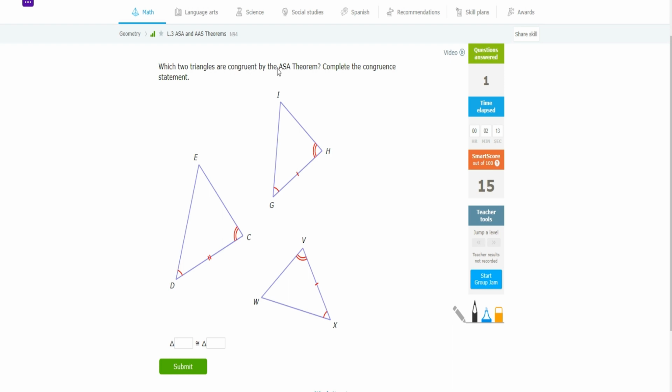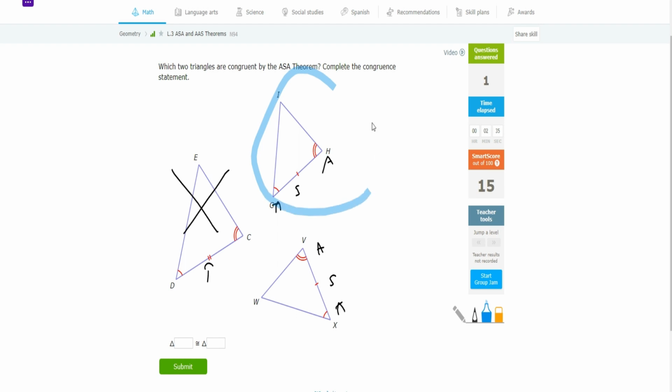Which 2 triangles are congruent by angle side angle? It can't be this one. Why? Because this has 2 tick marks and this only has 1, and this only has 1. So angle side angle, angle side angle.